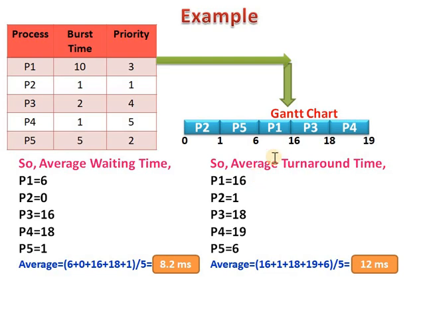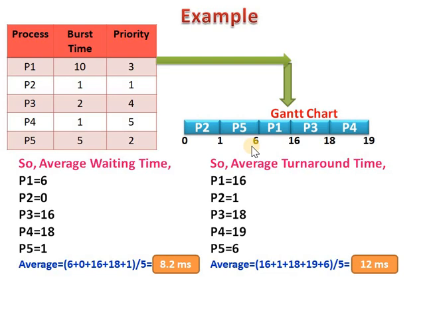Now we are calculating the average turnaround time. For the process P1, the turnaround time is 16. Here execution is completed. Next, process P2, 1, process P3, 18, process P4, 19, process P5, 6.